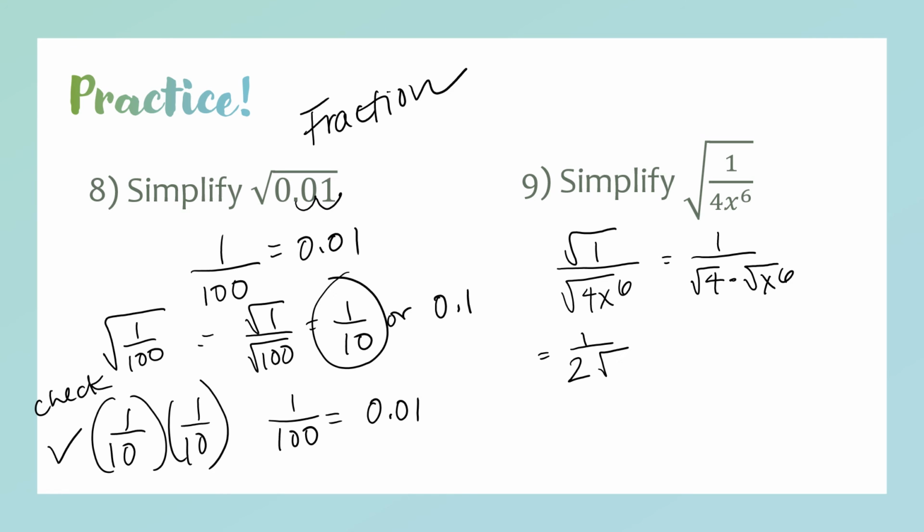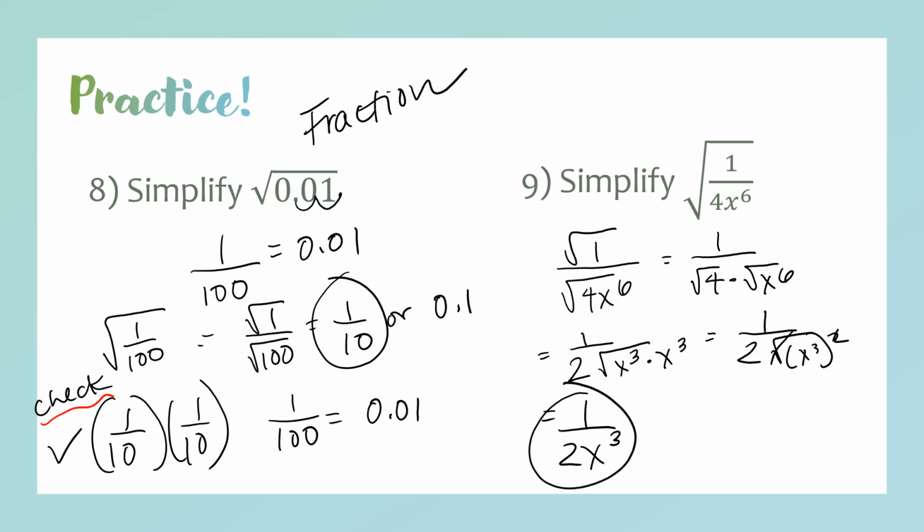And then this right here, I'm going to, again, think of it as x cubed times x cubed, which is 1 over 2 x cubed squared. So overall our answer is 1 over 2, and then this cancels out, and I have x to the third. Again, here's my answer, but if I want to do a little check, I can say this, right, squared, so that's 1 squared, so that's just 1.